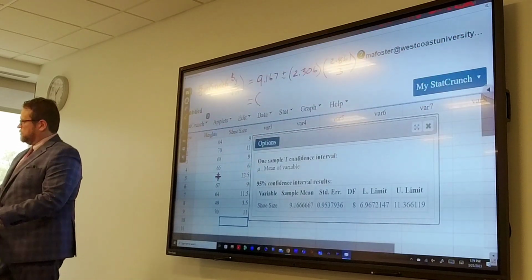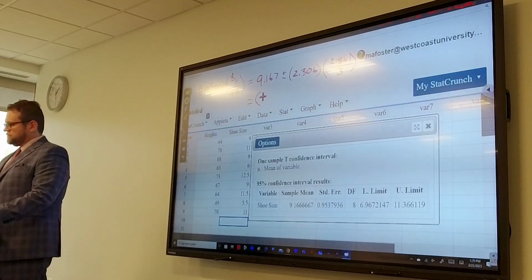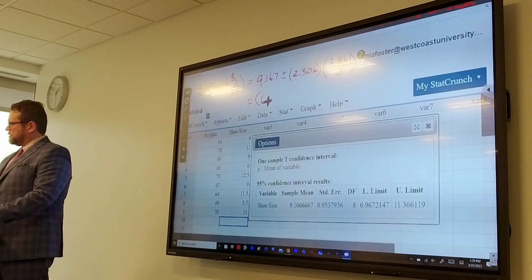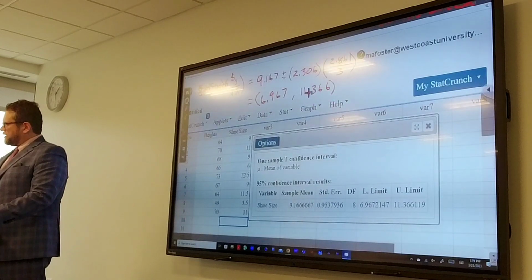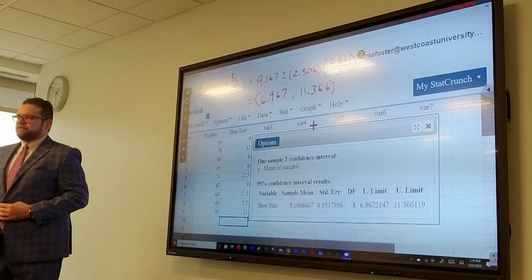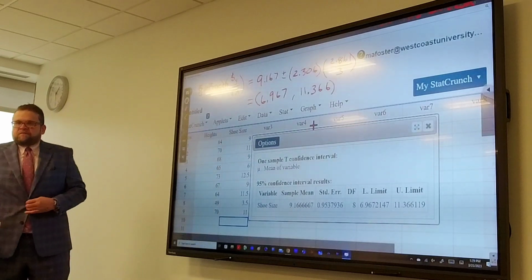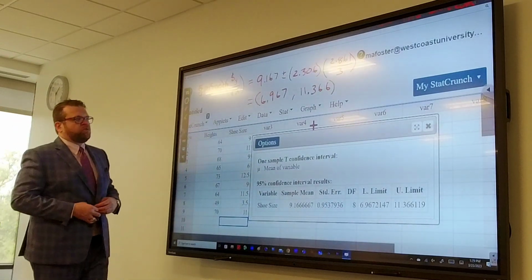All right, so my interval would be 6.967 to 11.366. Now that's the numbers I get, but they don't make shoe sizes like that. Right? So we need to round.